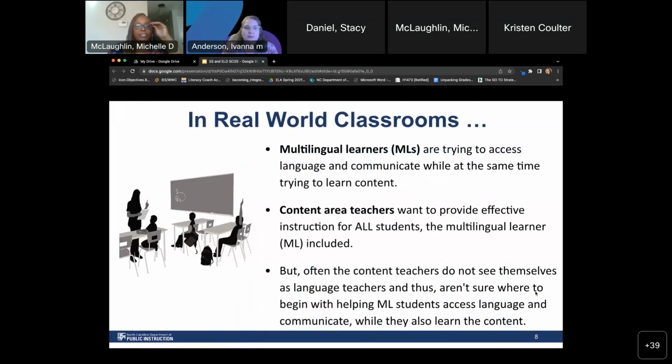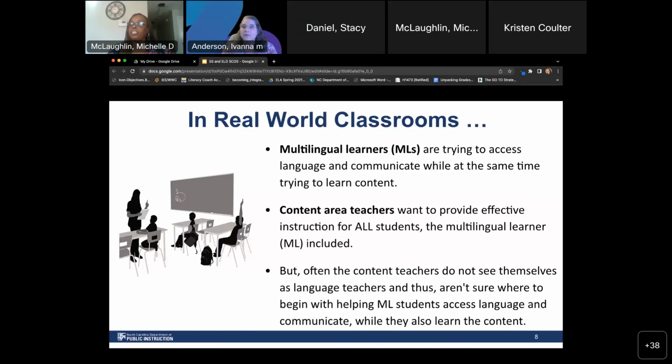All right. So in the real world classrooms, we go back to those three groups, and now those three groups are multilingual learners. They're trying to access their language and communicate, while at the same time, they're trying to learn social studies. They're trying to understand and engage in the social studies skill building.